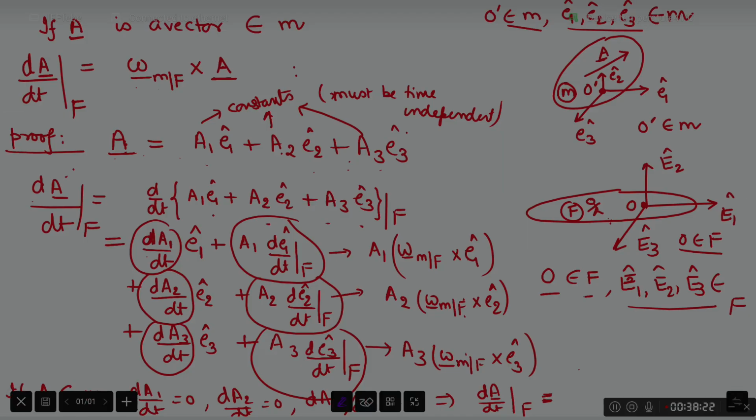The proof starts here. Let me first express A using small e1, small e2, small e3. In other words, I am expressing A in this coordinate system. This is a frame-fixed Cartesian coordinate system. This will be the representation.